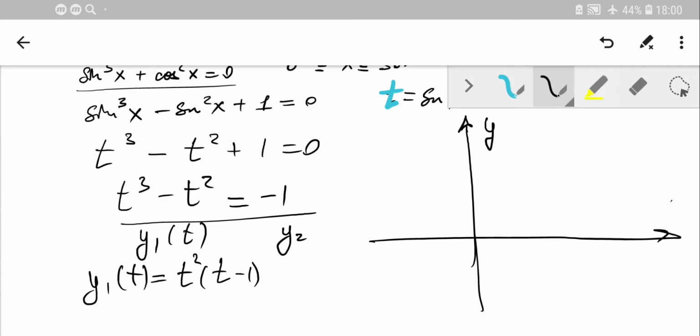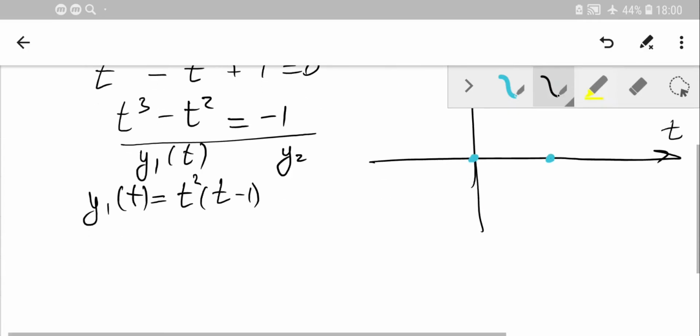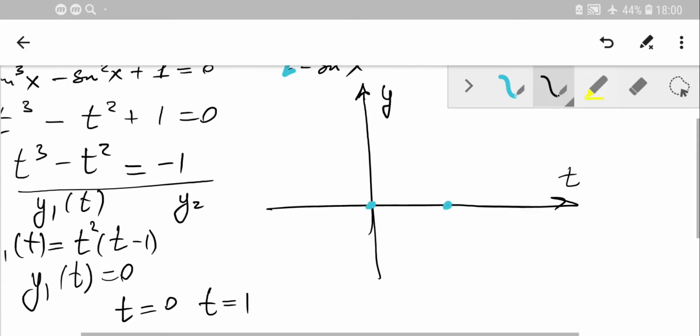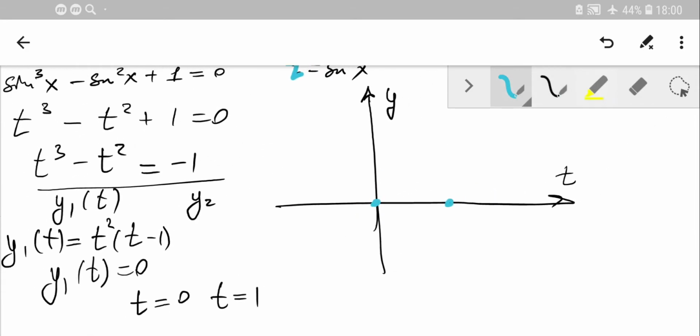If we factorize, we have 0 and 1 as zeros of this polynomial, so t is 0 and t is 1. We put 0 and 1 here and sketch the polynomial of power 3.